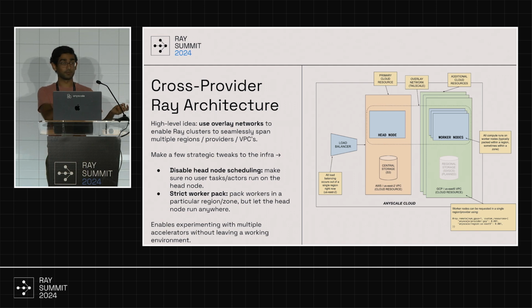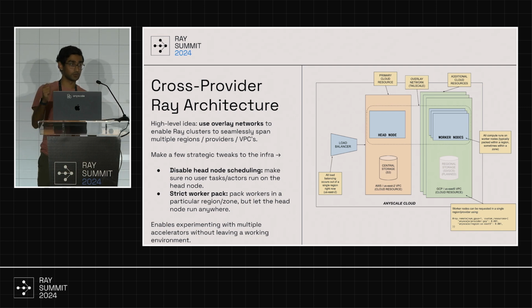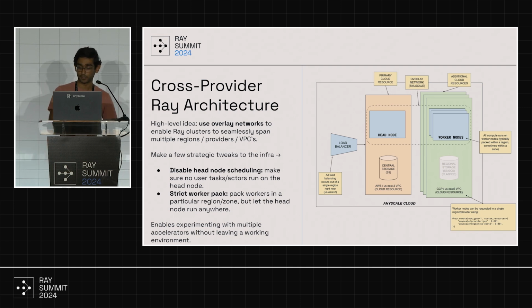They don't have to be in the same place as the head node, because we know, as the application builders, that this group of workers has a lot of inter-node connectivity, and we don't want to have that connectivity go over the region boundary. And so this gives people the power to try out multiple accelerators and use GPUs that are in lots of different places.